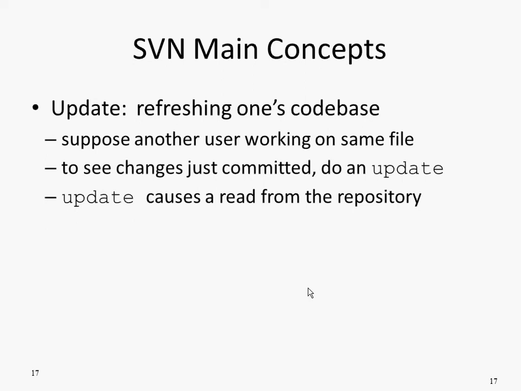Now suppose I had a question on the final exam that said, true or false, within a project managed by Subversion version control, it's recommended that you update on a daily basis. True or false? True. You want to get that latest version of other people's files because your code, ladies and gentlemen, may depend on their code, and if their code is going to break your code, you want to know that as soon as possible.